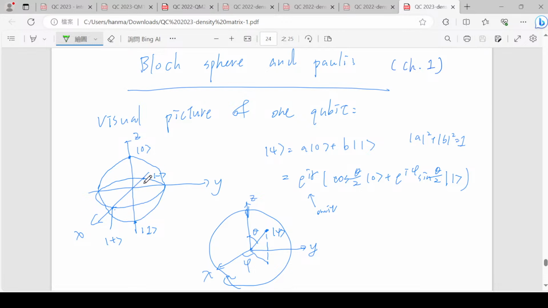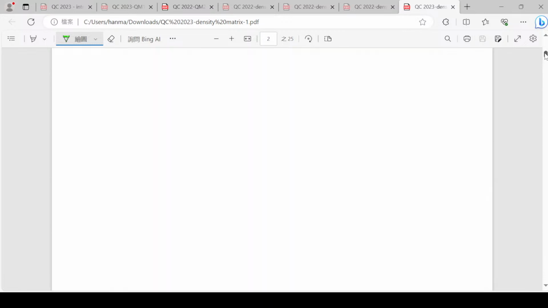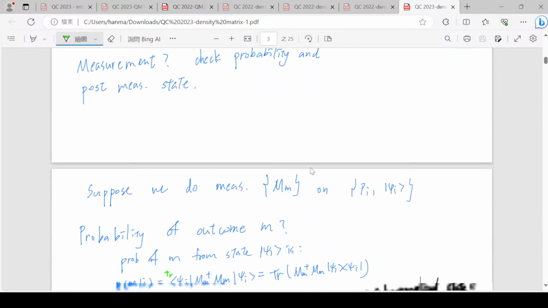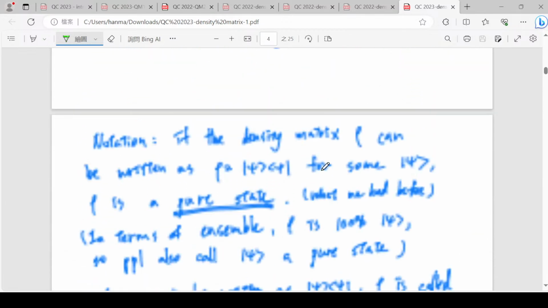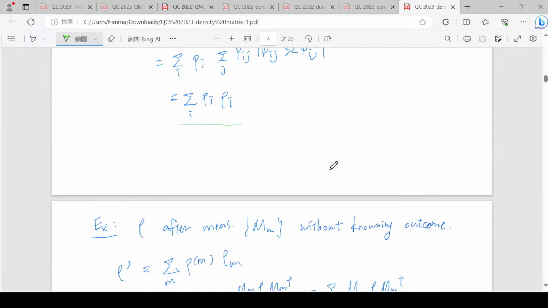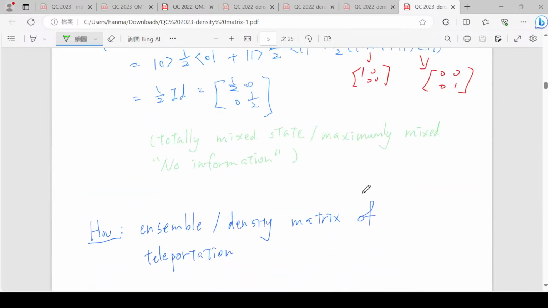And actually it is equal to 1/2, 1/2 of any two symmetric points on this Bloch sphere. So you have 1/2 of minus plus 1/2 of plus is also a totally mixed state, and also the y-axis or any axis. Okay. So yeah, in this sense, it is hiding a lot of information. It doesn't even tell you what basis you are in. Okay. So it's something very cool. So we'll have ID.